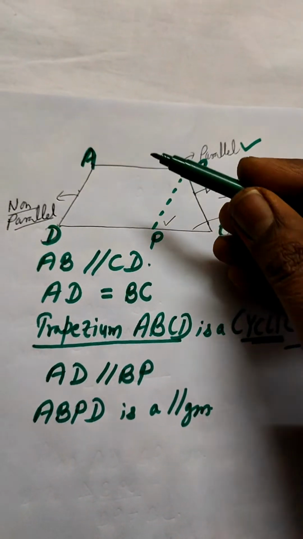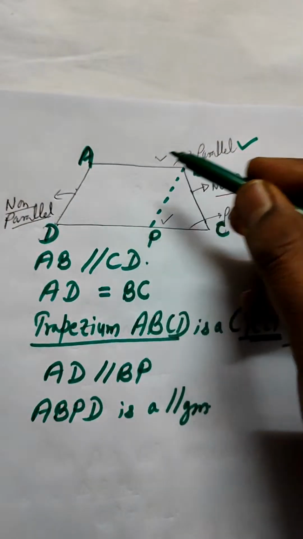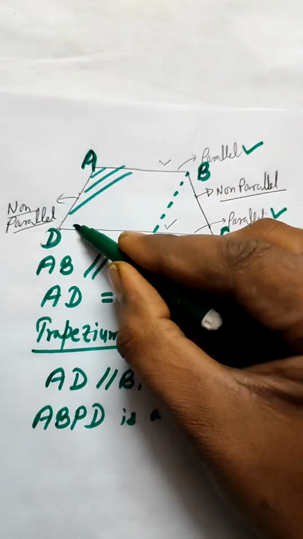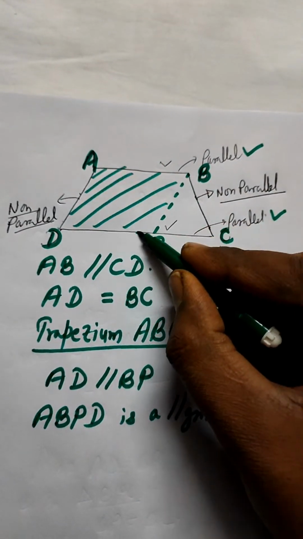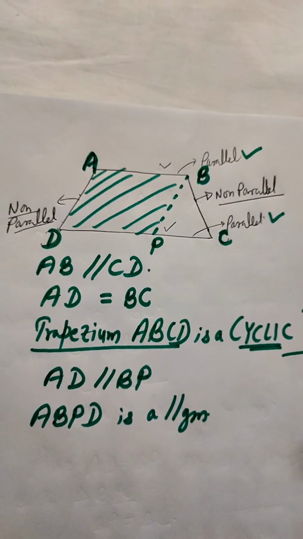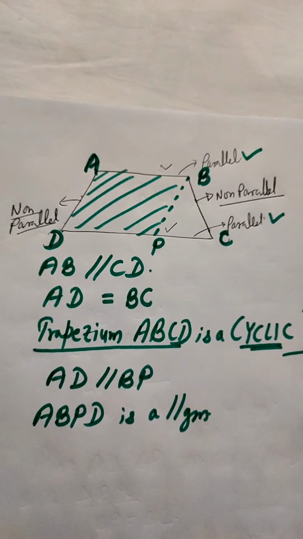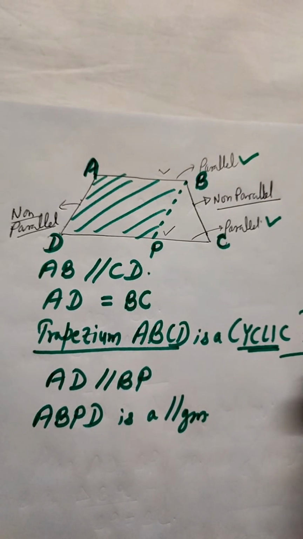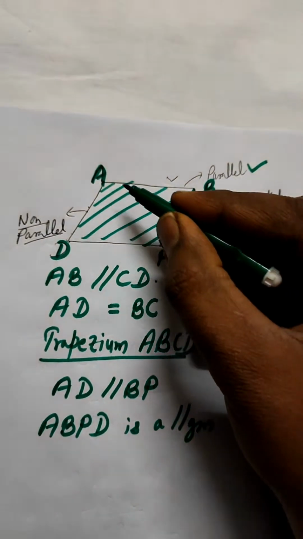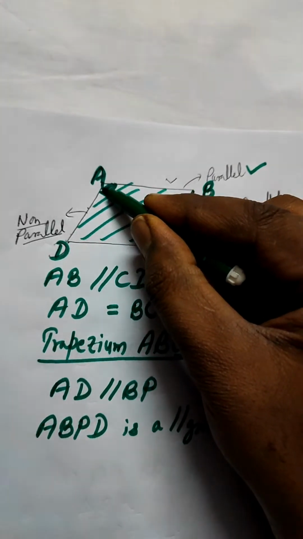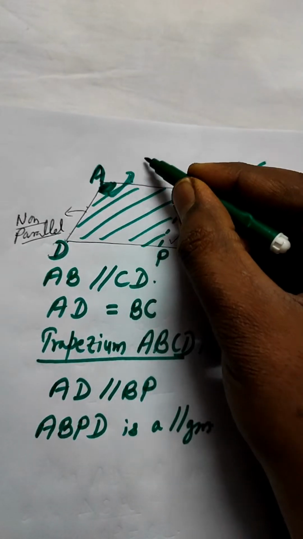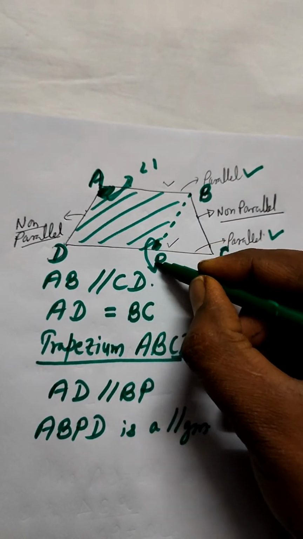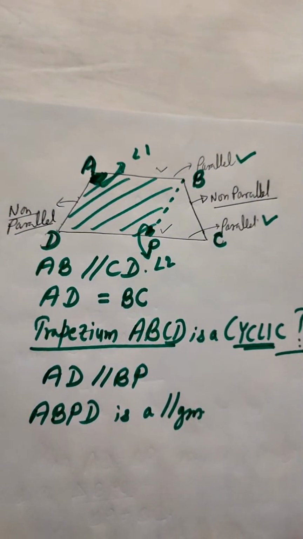So if ABPD is a parallelogram, we know that for a parallelogram the interior opposite angles are always equal. I mean to say this angle, let us say this is angle 1, will be equal to this angle, that is angle 2.